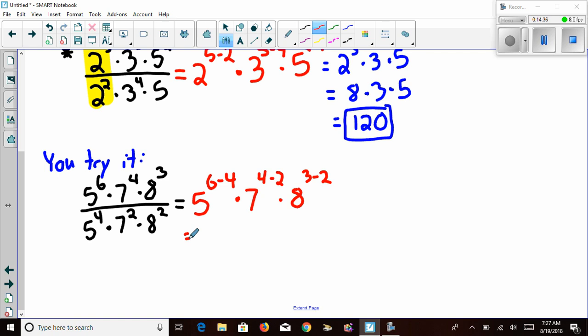That means I have 5 squared times 7 squared times 8. That means 25 times 49 times 8. Multiplying that together, I get my final answer of 9,800.